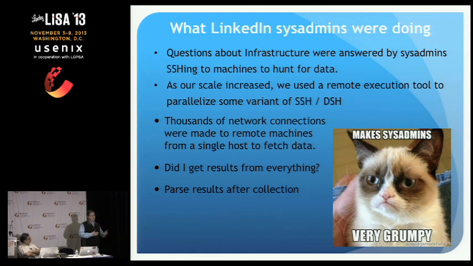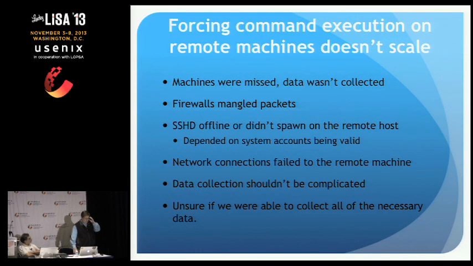Did the machine not make a connection, or for whatever reason, did I have too many outbound network connections? This took a lot of time. So what we ended up finding is we did miss machines. Firewalls got in the way. The machine remotely didn't respond to SSH connections or whatever. And we ended up making changes without fully understanding the impact.